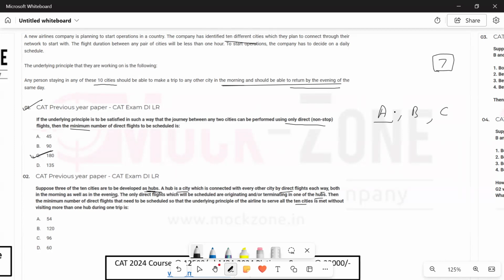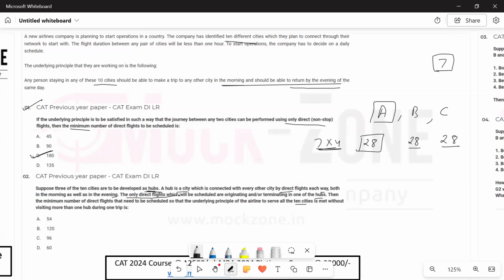So that means A is connected to all the 7 cities each way in both morning and evening. So A is connected to 7 cities in 4 ways, 2 in the morning, 2 in the evening. So there are 28 ways, 7 into 4, through which A is connected to the other 7 cities. Similarly, B will also be connected with other 7 cities in 28 ways. C will also be connected with other 7 cities in 28 ways.